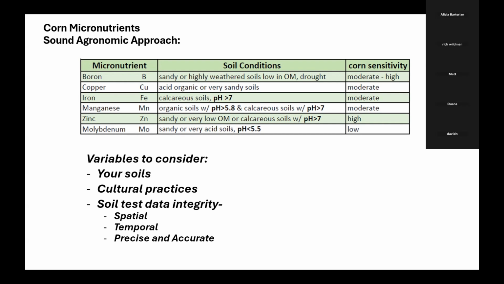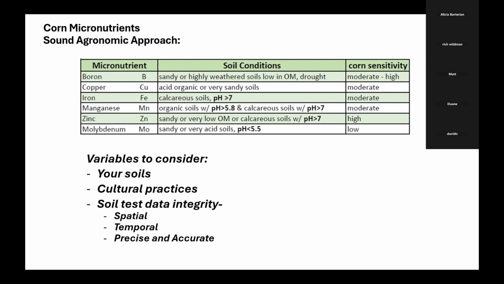Manganese: when we have muck soils, we see a lot of it. A little bit higher on that, but we also see it when we have high pH.